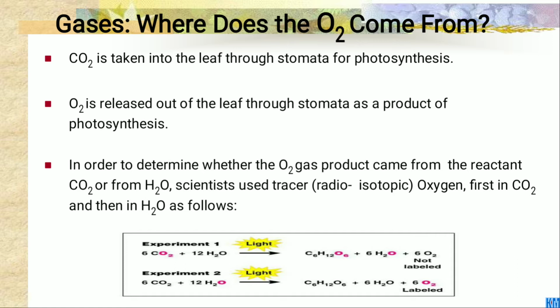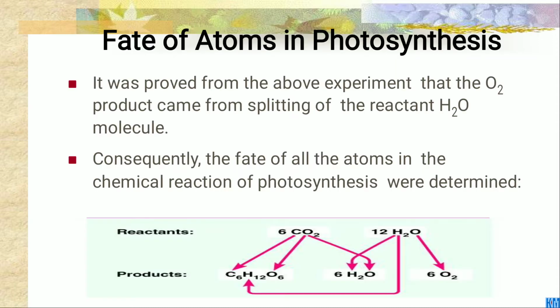Means in the first experiment the O2 is not released from the CO2, and in experiment 2 the O2 is released from water, because the O2 is labeled. That's why the final answer is that the O2 is released from the water.